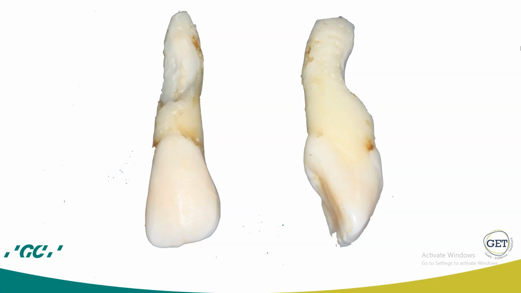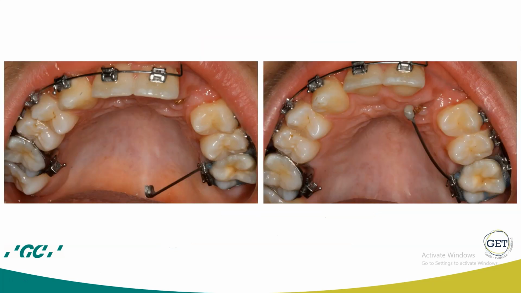After having extracted both laterals and having made space for the canine, we started to pull the canine away from the root of the central, with a cantilever activated with a vertical, occlusally directed line of action. So a line of action activated only downwards.